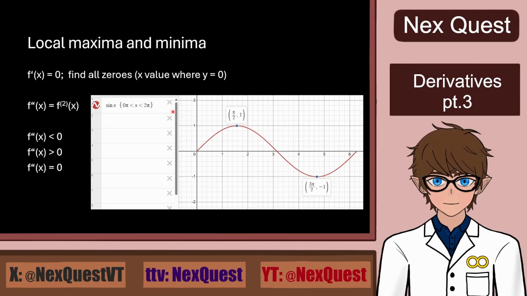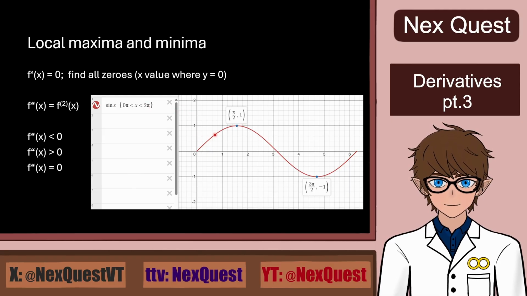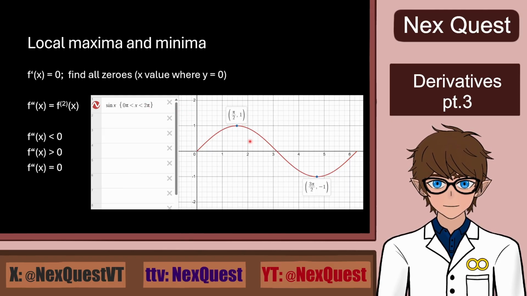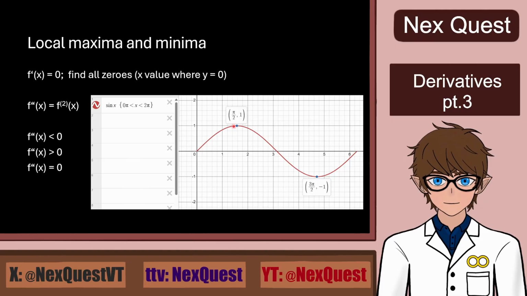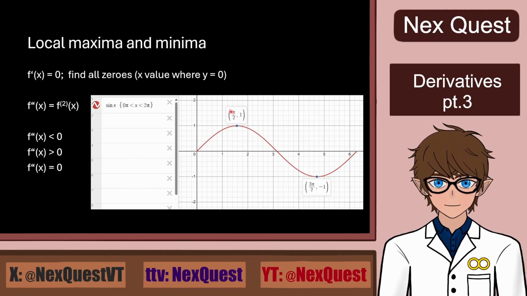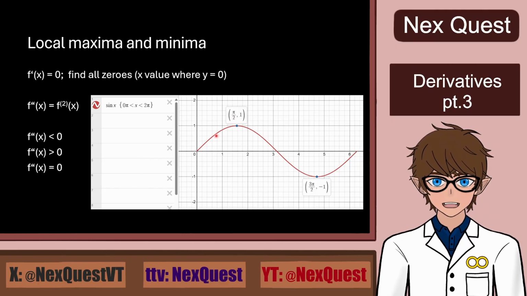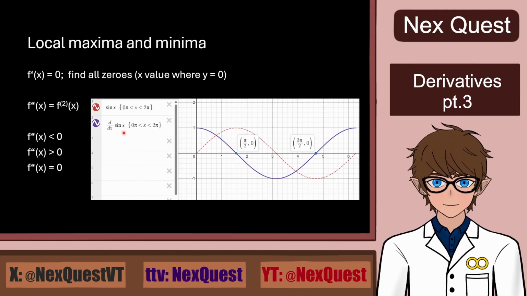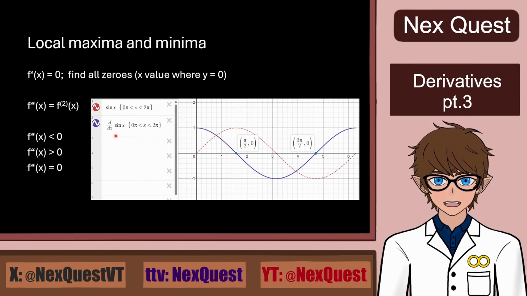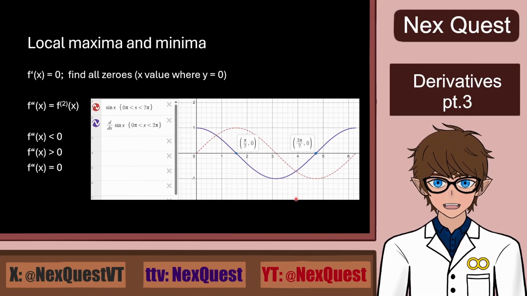So we have one maximum and one minimum. I marked them because I can see them, but let's see the actual solving process. In case you don't know where and at what values they are, I will take the derivative of this function and mark the zeros. So we get cosine of x, hopefully we recognize it, the purple lined one.